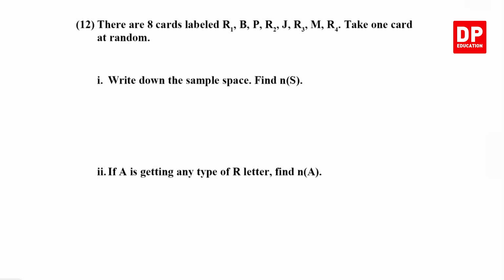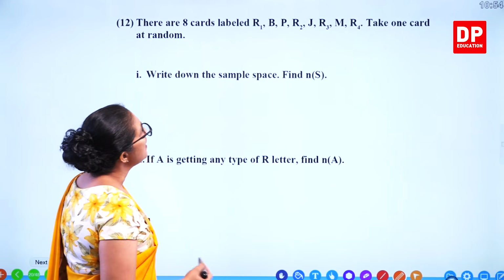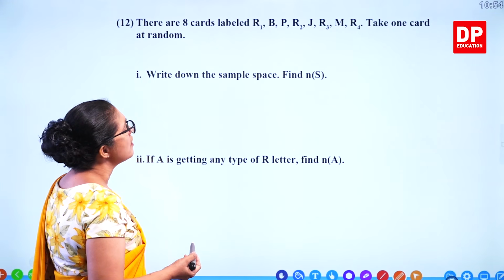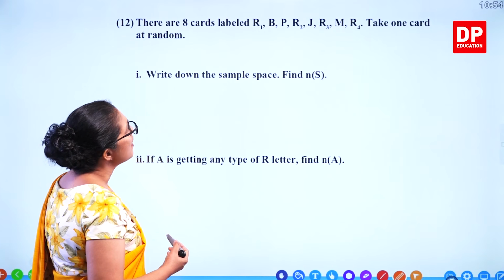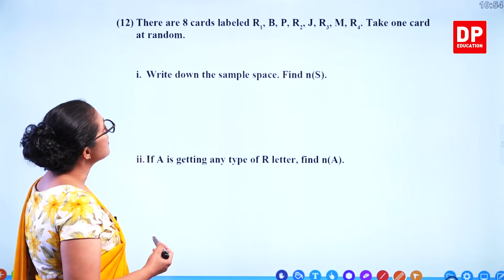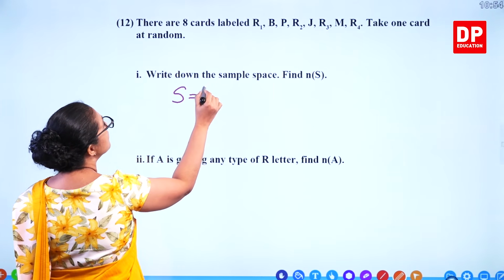There are 8 cards labeled R1, B, P, R2, J, R3, M, R4. Different letters are there. Take one card at random. Write down the sample space. So what's the sample space?